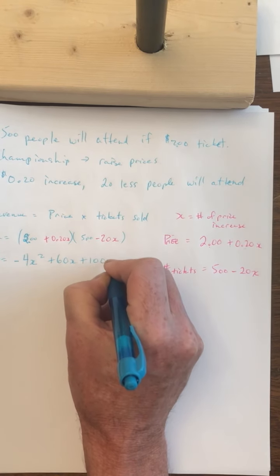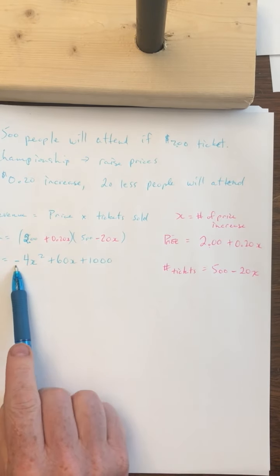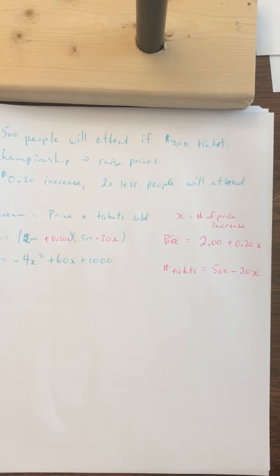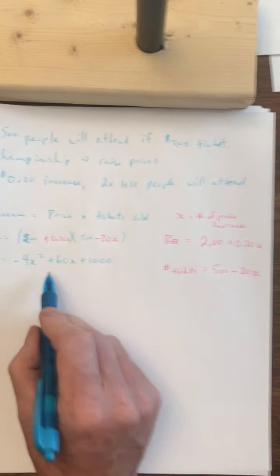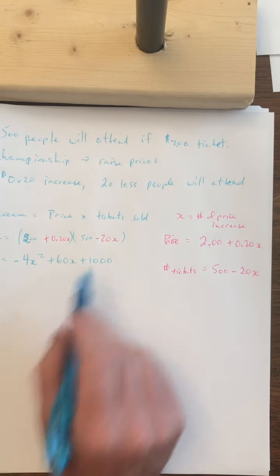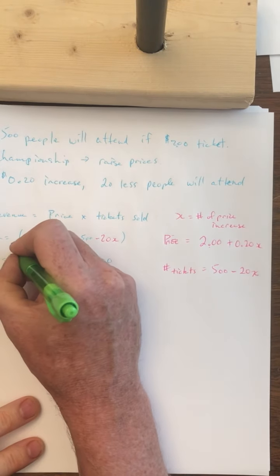And the answer, of course, has been rearranged when I simplified so that I have ax squared plus bx plus c, standard form. And now I want to find out the minimum or maximum value, so I want to switch this into vertex form, like we've been doing all along. So let's switch this into vertex form.